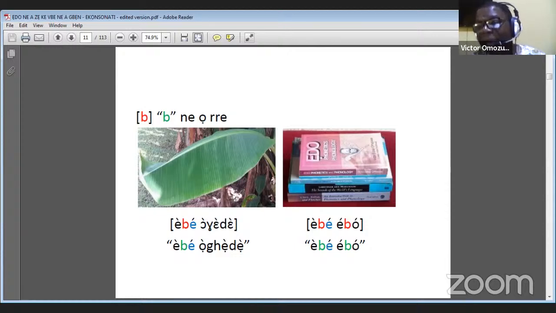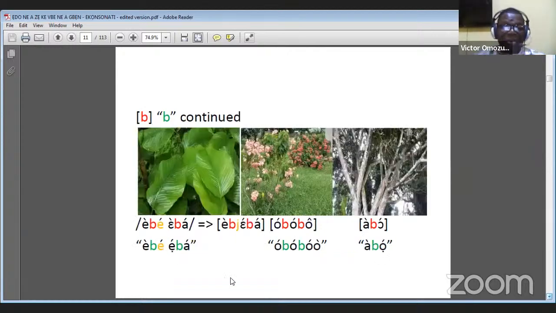Then in the next slide, you have abe, aba. So when that vowel indicated in yellow is elided, you now have abieba because of the glide formation process.